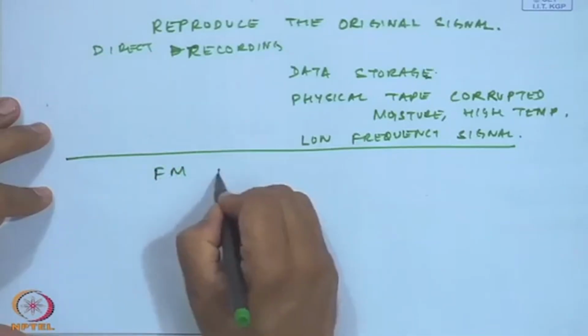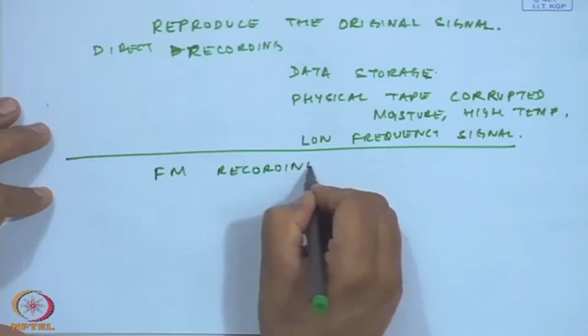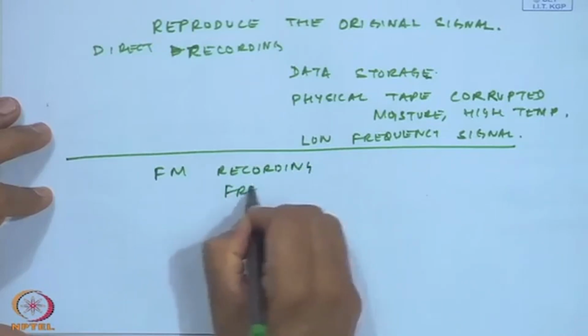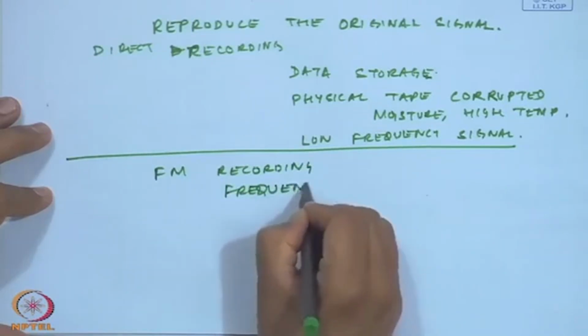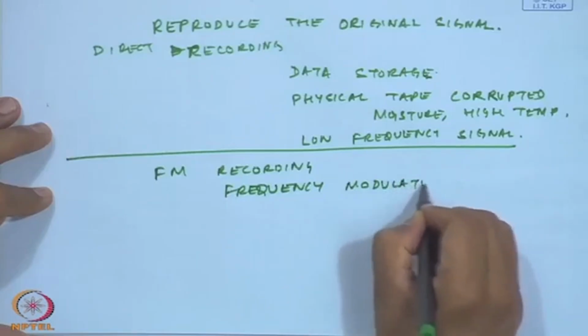Then coming back to the next format of recording, that is the FM recording, the frequency modulated recording.